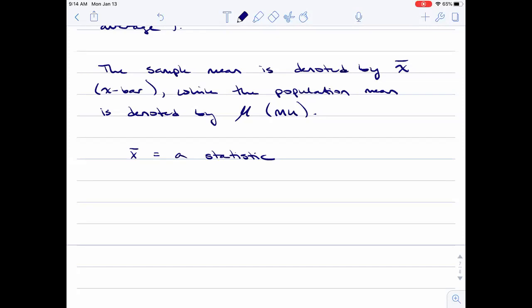So our sample mean is x bar, whereas mu is a parameter, because it's something that we've calculated or pretended to calculate from the population. So mu is a parameter. And in general, almost all parameters, we could say all, if we're not being too picky, are denoted by Greek letters.